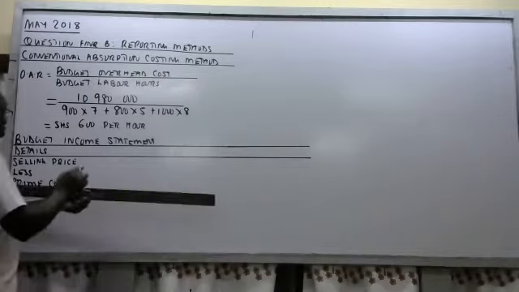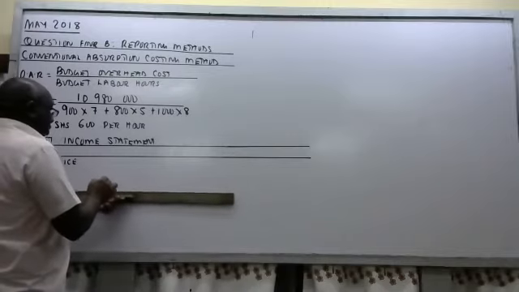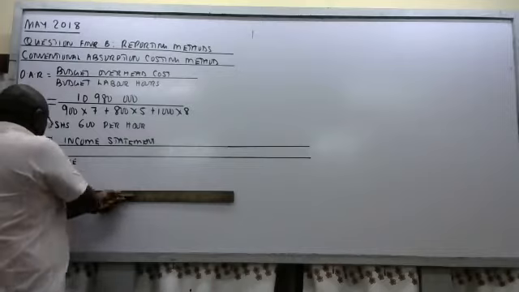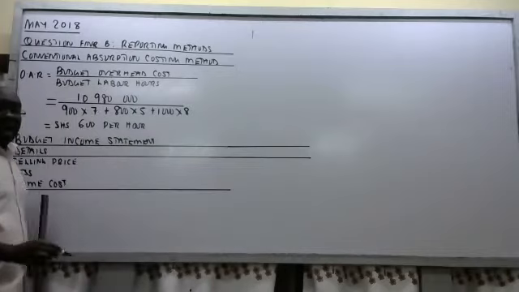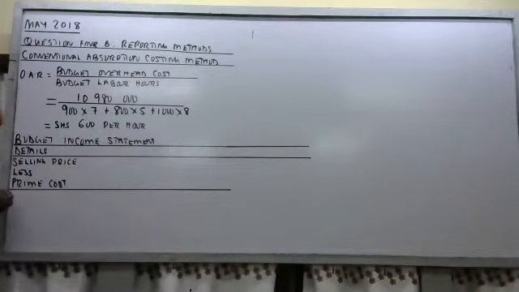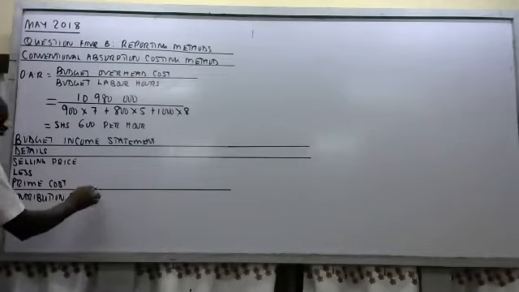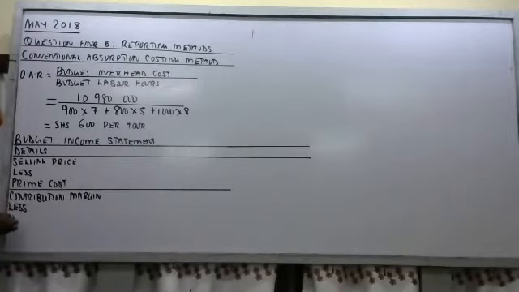When you less the prime costs, the answer you get is called contribution margin. Then you less overhead costs.